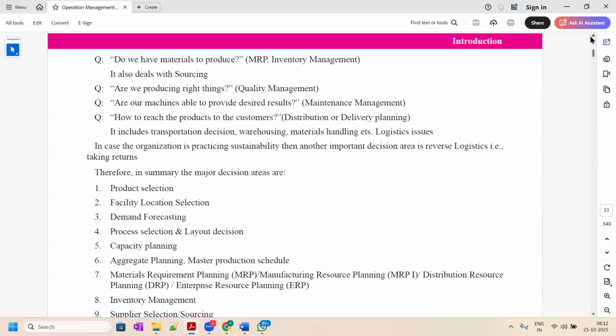Once your product is ready, you also need to plan for the distribution or delivery planning, where transportation, warehousing, maintenance, and material handling all come into the picture, which are part of the logistics.